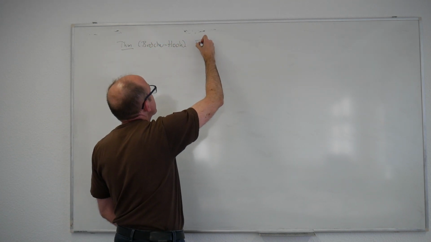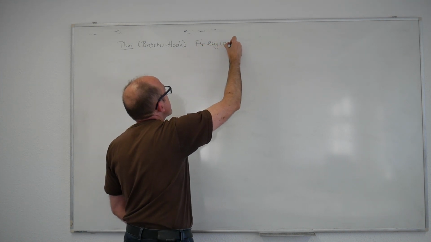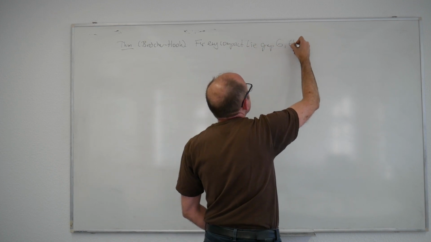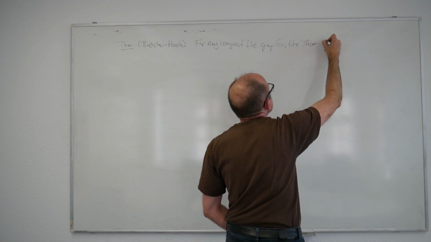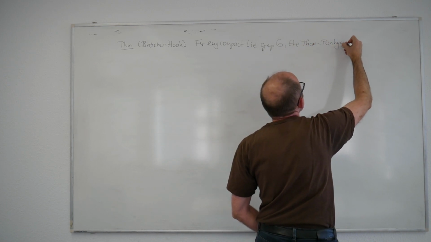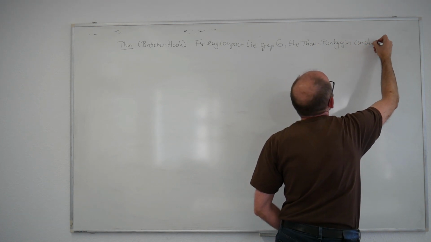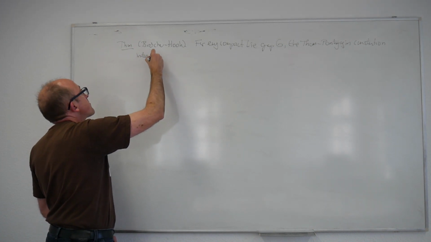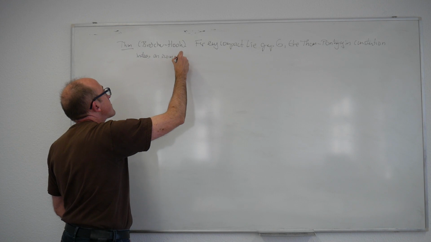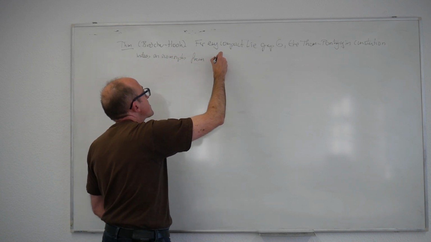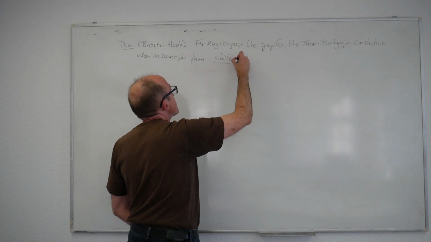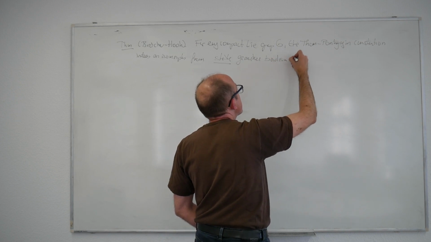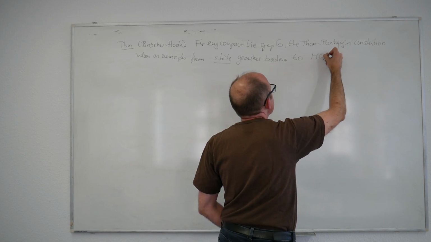And it goes as follows: for every compact Lie group G, the Thom-Pontryagin construction induces an isomorphism from stable geometric bordism to MO star G homology.